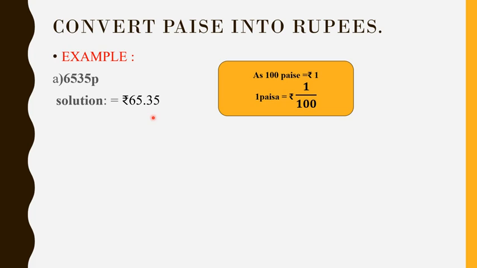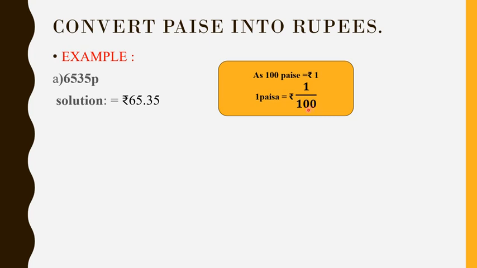Why are we counting 2 digits? Why are we not counting 3 digits or 1 digit or 5 digits or 4 digits? That is also a question. Because 1 rupee equals 100 paise, and 100 has how many zeros? 2 zeros. So considering the number of zeros 100 has, we are going to count that number of digits only.